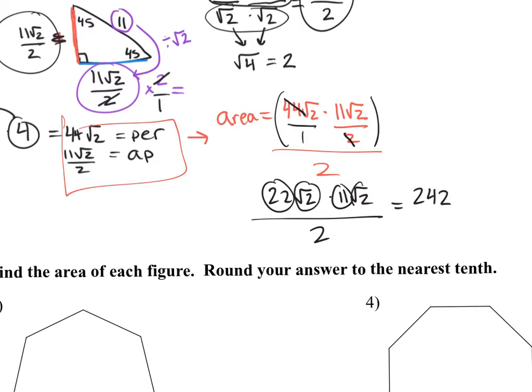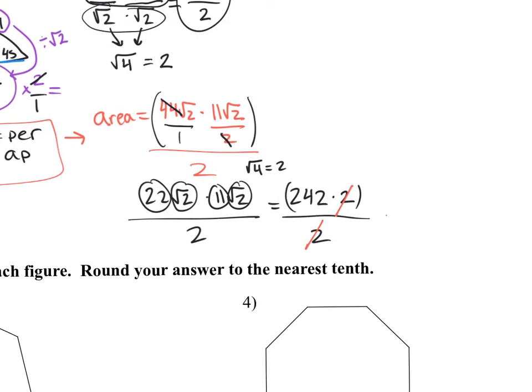Root 2 times root 2 gives me root 4, which is just 2. So if I times that by 2, that's what I get on top. And then on the bottom, I have divide by 2. So can't I just cancel these out? And I have my entire area as 242.